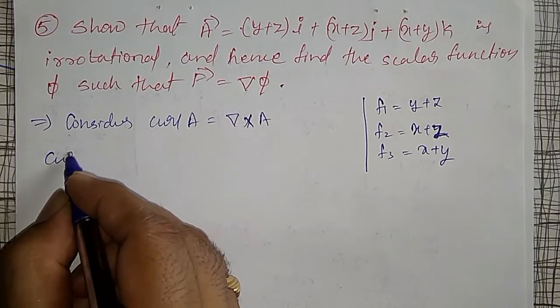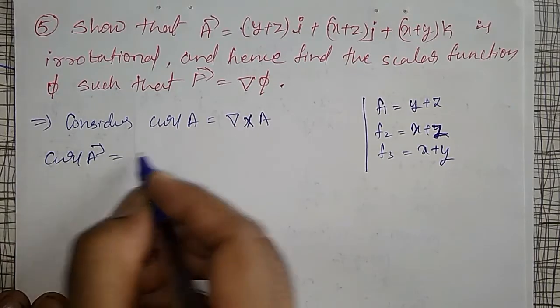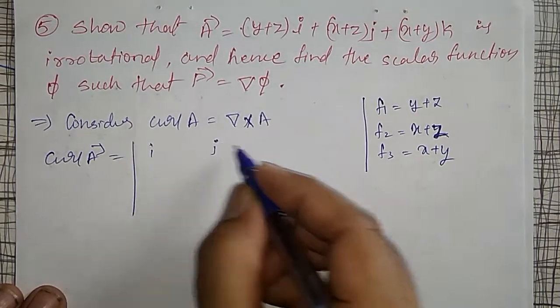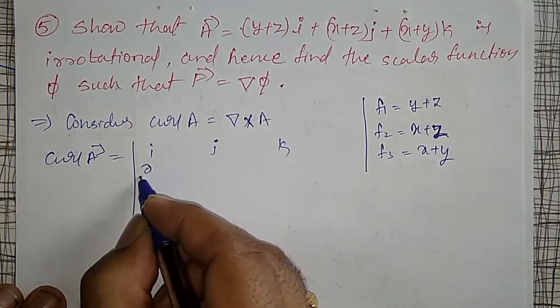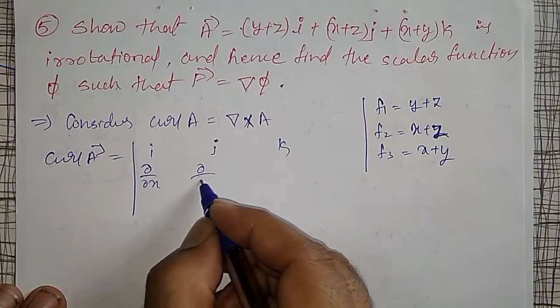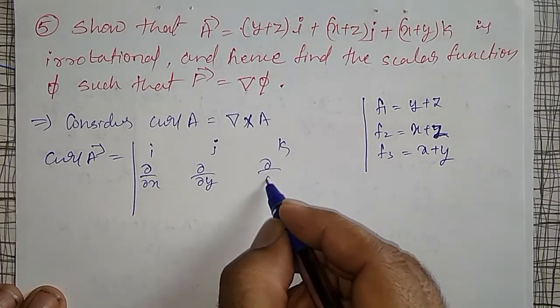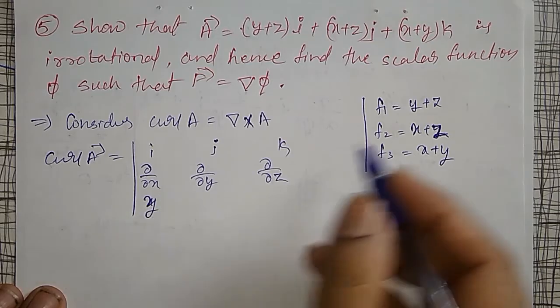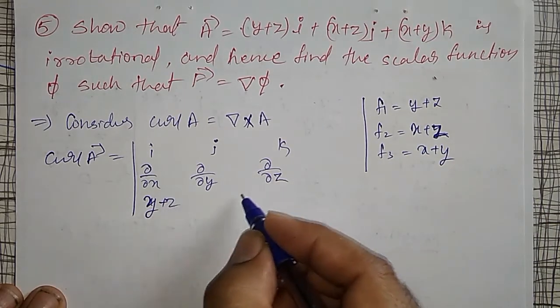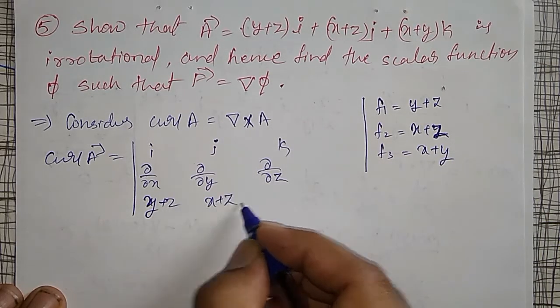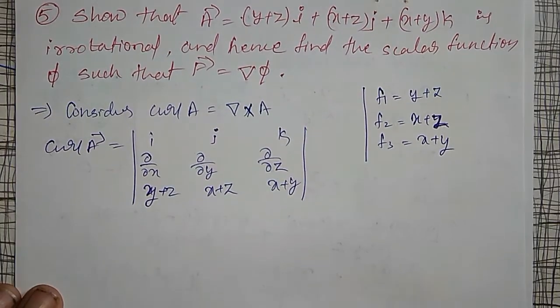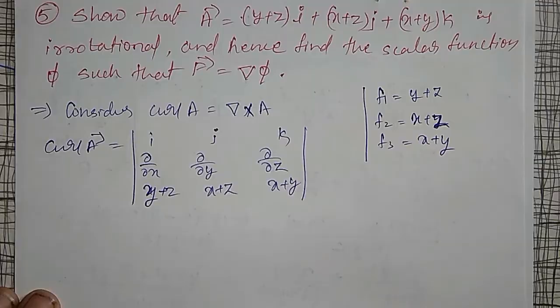Therefore, curl of vector A is defined by the determinant i, j, k, ∂/∂x, ∂/∂y, ∂/∂z, and y + z, x + z, x + y. This one I have to solve here.